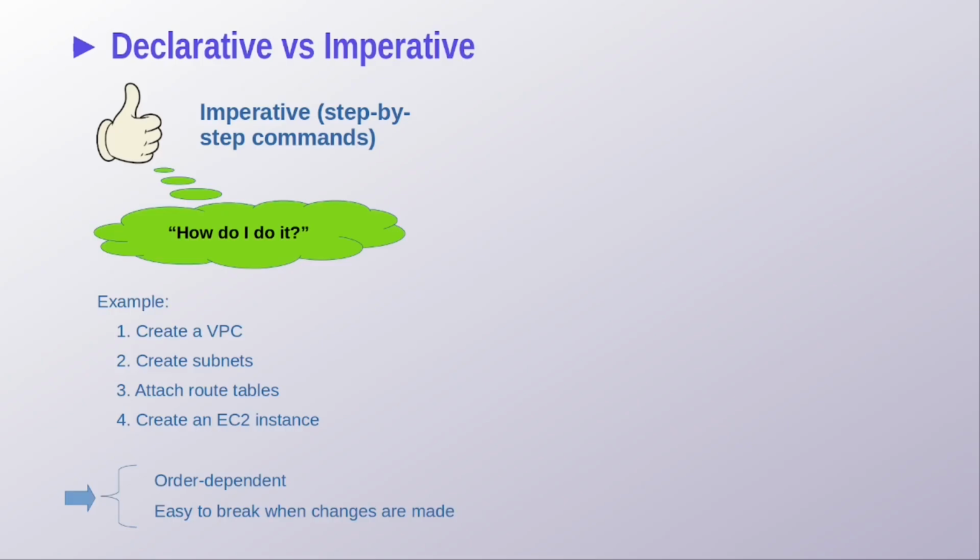For example, first create a VPC, then create subnets, then attach route tables, then create an EC2 instance. This approach has problems. Order is very important. Changes are risky, easy to break the existing system. This is how scripts usually work.